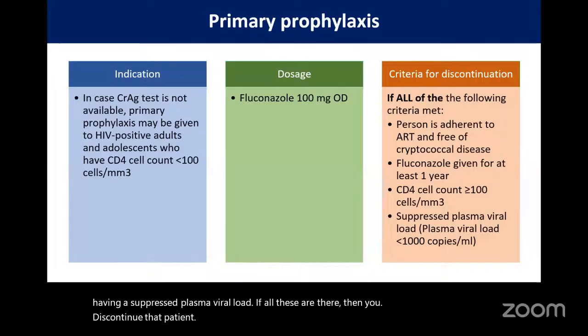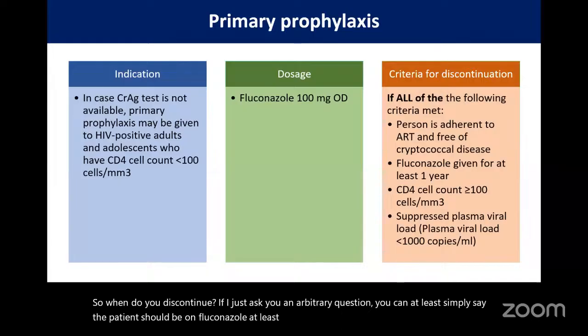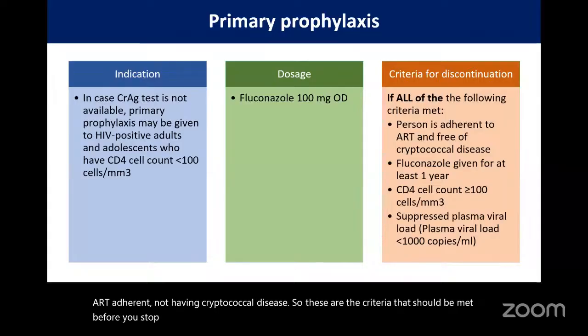So, when do you discontinue? If I just ask you an arbitrary question, you can simply say the patient should be on fluconazole at least for 1 year, CD4 higher, viral load suppression, ART adherent, not having cryptococcal disease. So these are the criteria that should be met before you stop cryptococcal primary prophylaxis.